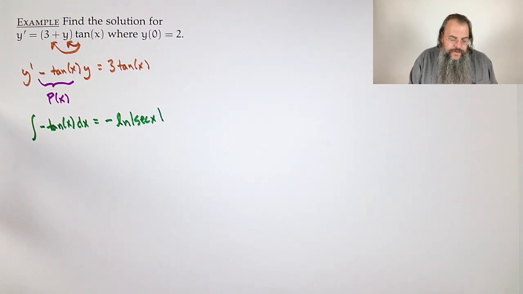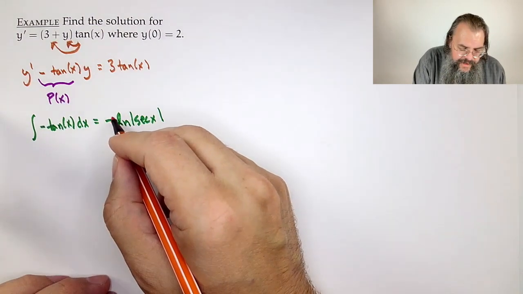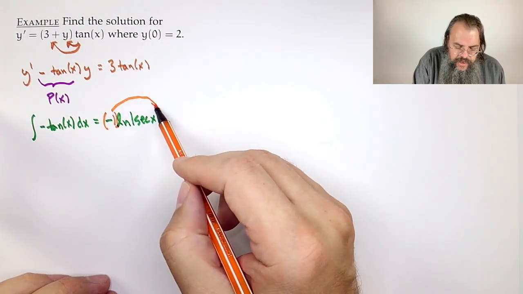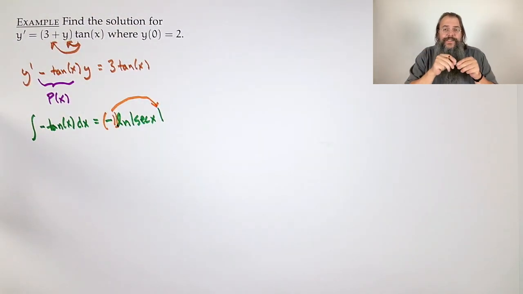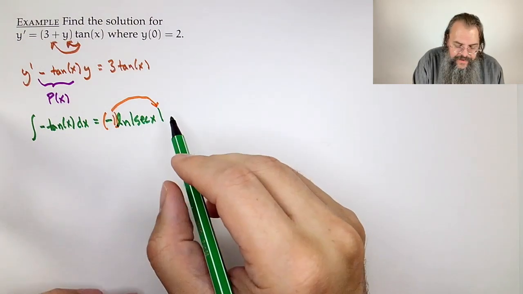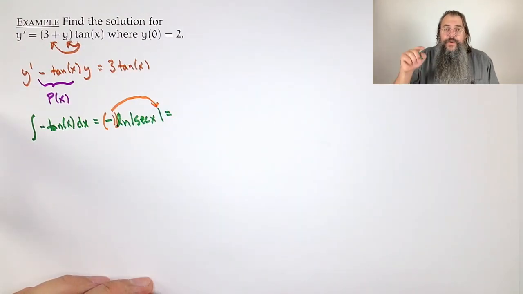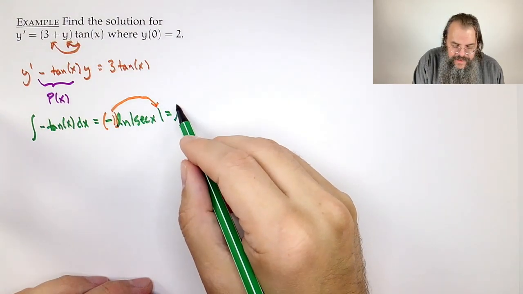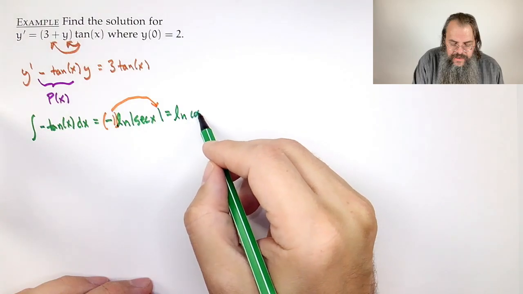The way we can think about a minus in front is that it's really like minus 1, and then we can put it into the log as an exponent, because constants go upstairs. What does that mean? It means that another way to write minus log secant is log secant to the minus 1, which means 1 over secant. And if you look at 1 over secant, what do you get? You get cosine.